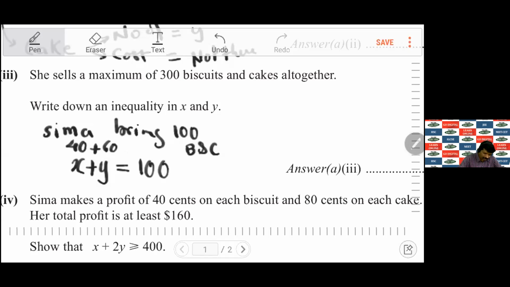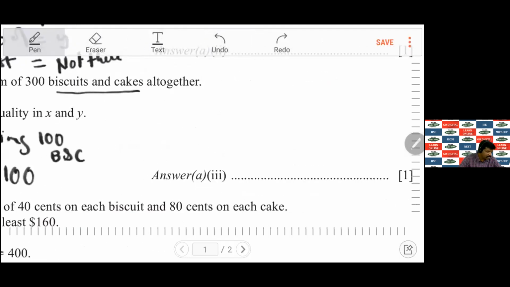So when you are told biscuits and cakes, biscuit and cakes means what? X plus Y. So biscuits and cakes.